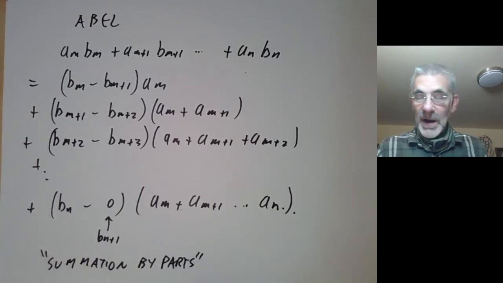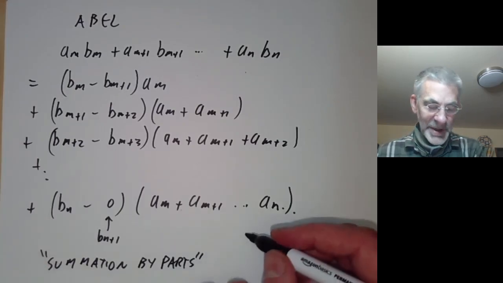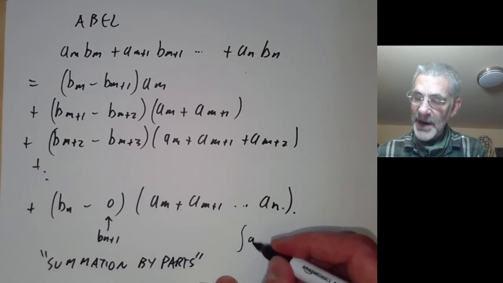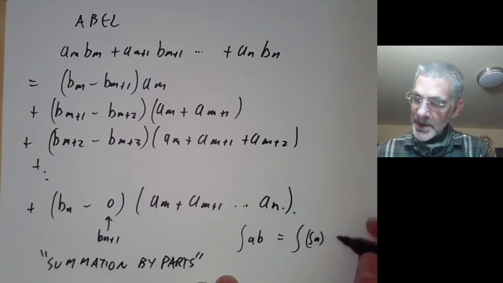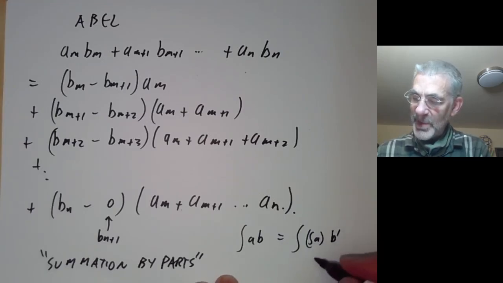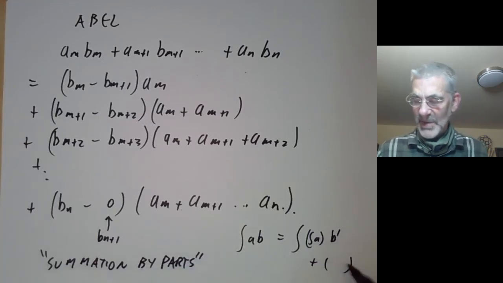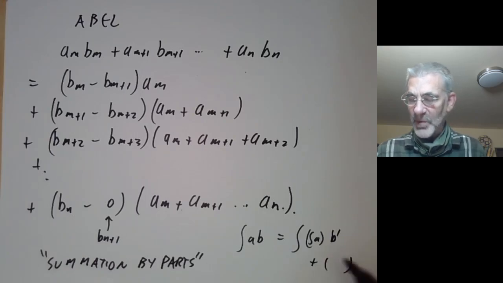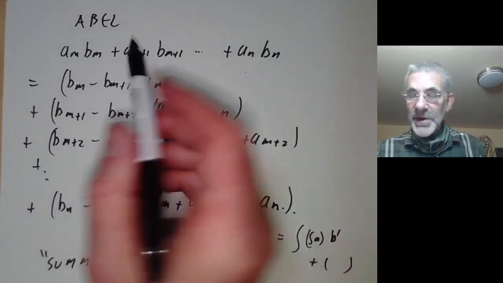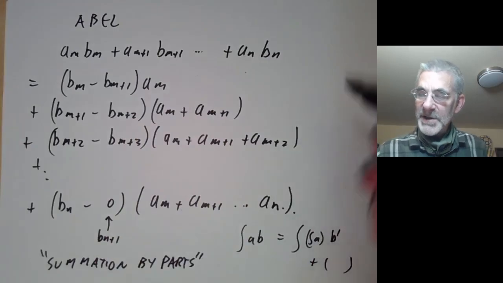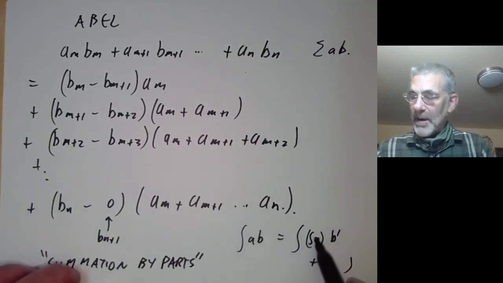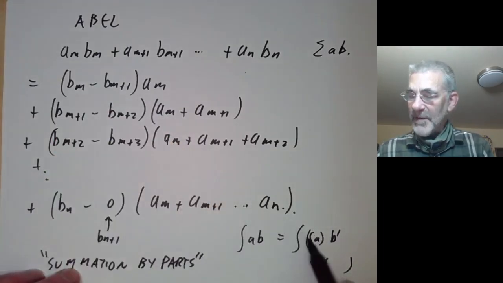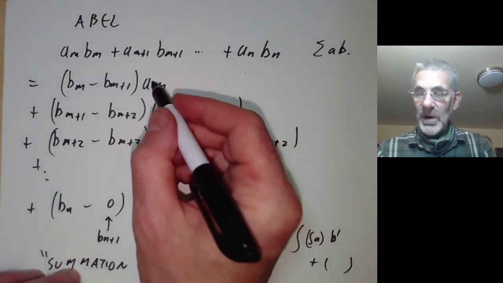When you do integration, you can do integration by parts, which says the integral of ab is equal to the integral of a times the derivative of b plus various terms, endpoint terms that I'm not going to worry about. Now, integration is of course the analogue of summation. So here we've got a sum of ab, and we should sum over something that's a sum of a.